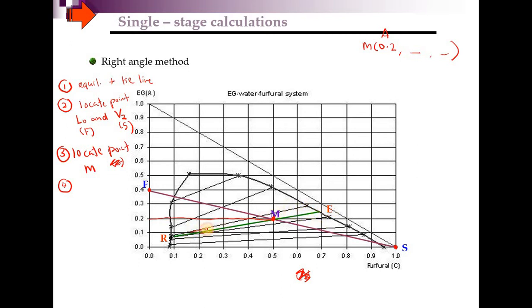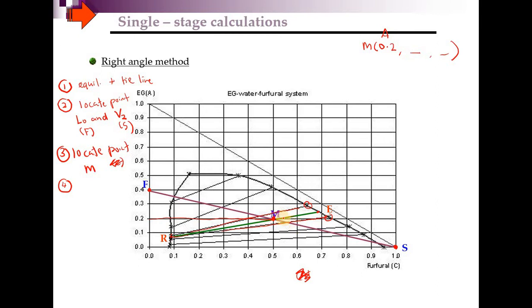Here is a tie line, and here is the tie line. So how you should draw the green line is you take the intermediate between this point to this point, and this point to this point, you take the middle point, and you join the green line, but it must cross M.